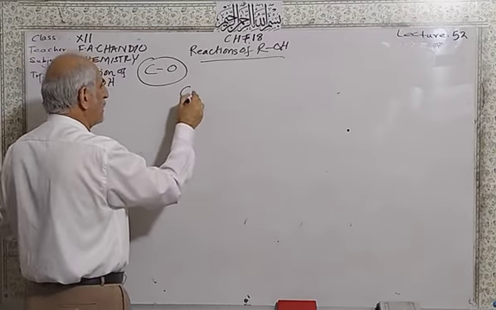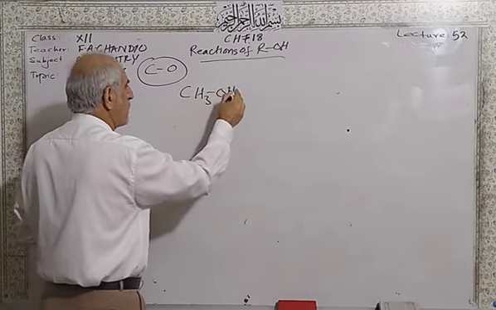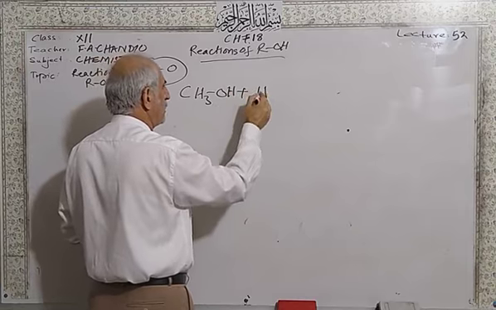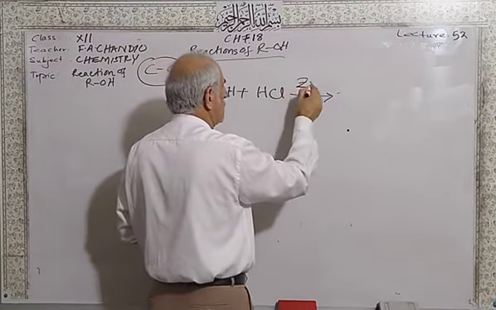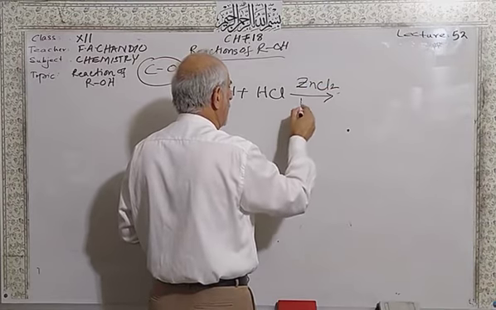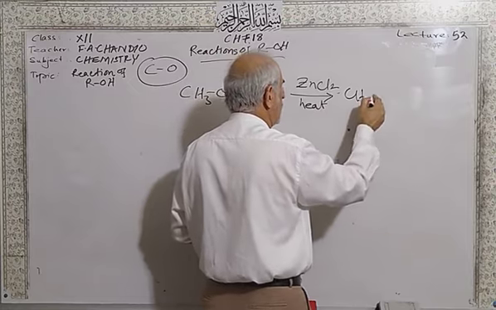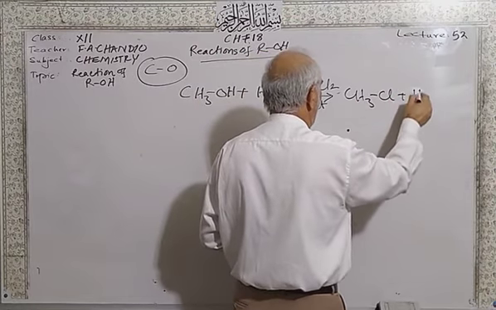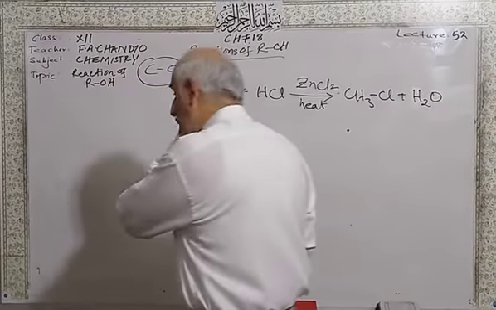So you have methyl alcohol, methanol plus HCl, zinc chloride, heat, you will get methyl chloride and water.